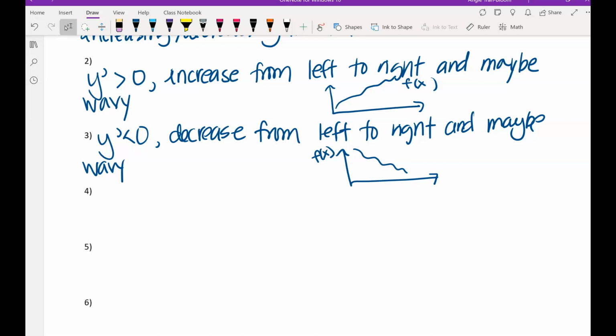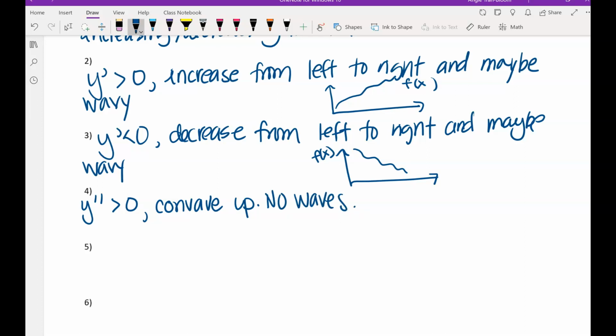Now, second derivative, y double prime bigger than 0, we are talking about concavity. So if it's positive, concave up, it should have no waves, and f of x may rise or fall.